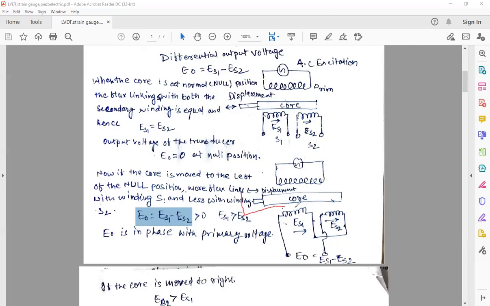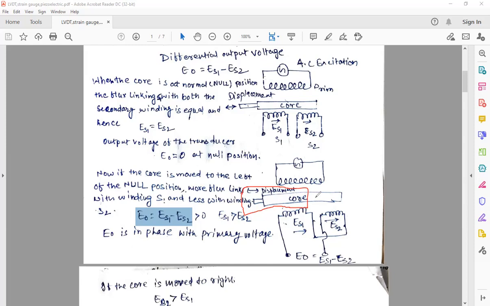Suppose now the transformer core is in this position. What is the voltage across ES2? 0. It is 0, because ES2 is not linked with the transformer core; the core is only between the primary winding and S1.